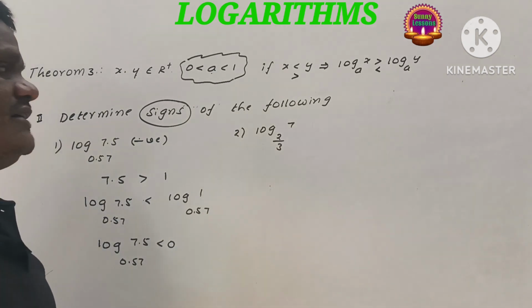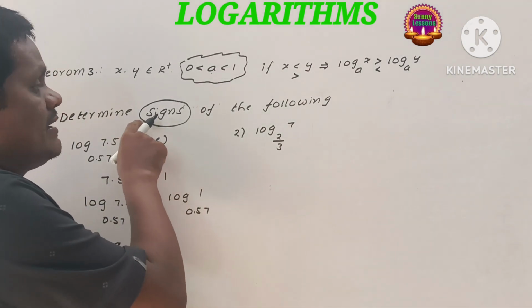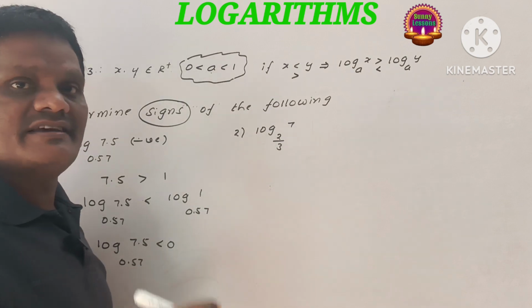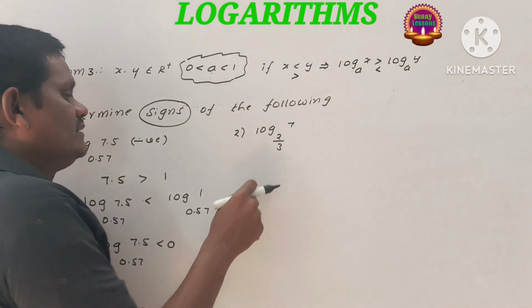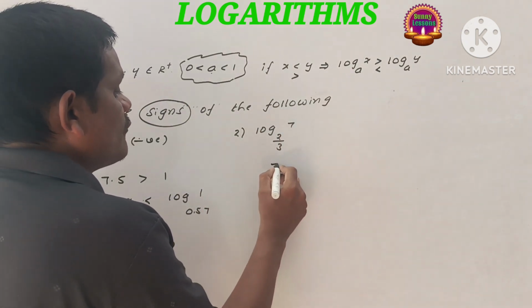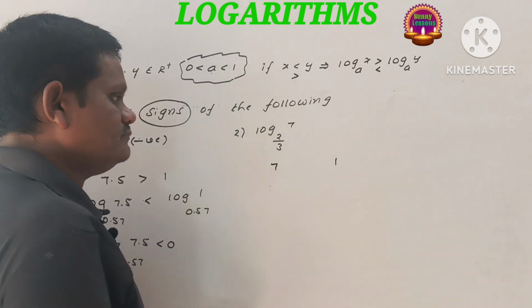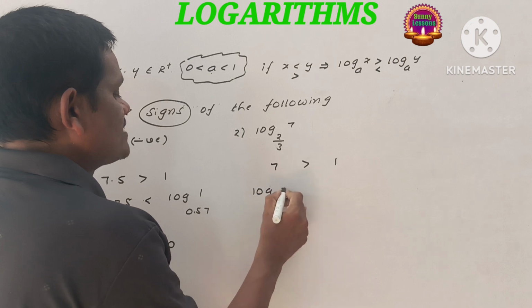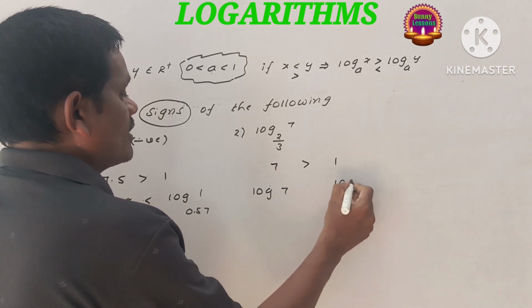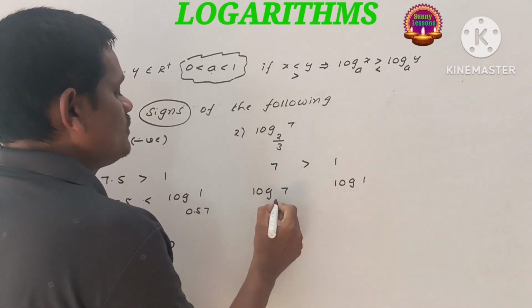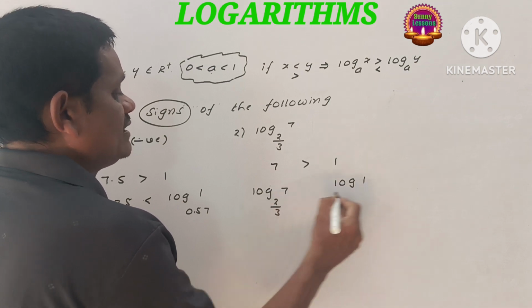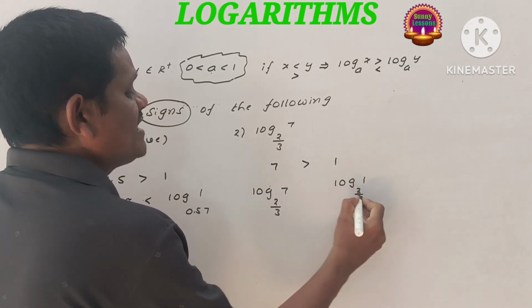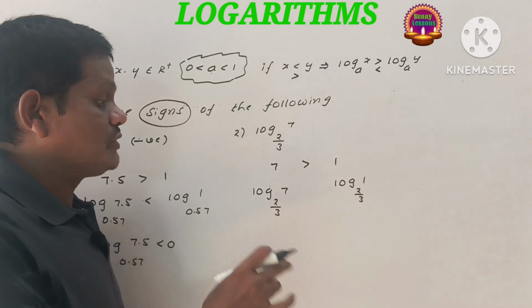Yes, the second one is determine the sign of the following. Log 7 base 2 by 3. Now we compare 7 and 1. As 7 is greater than 1, apply log on both sides, log 7 and log 1. What is the base here? 2 by 3, right? Here the base lies between 0 and 1.